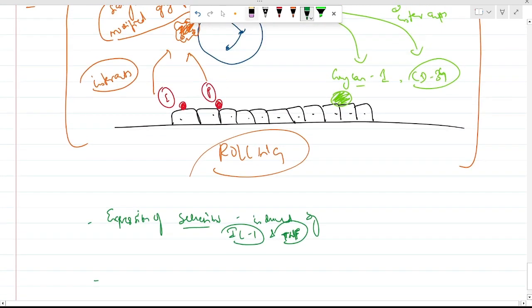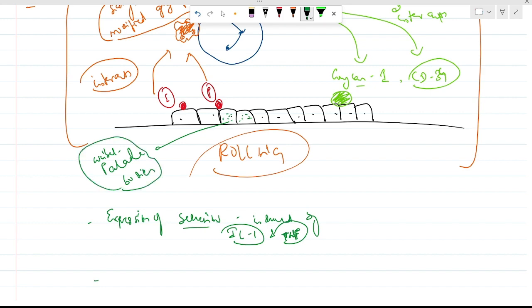Next, there are some small bodies here in the endothelial cells. These small bodies are called, remember, Weibel-Palade bodies.